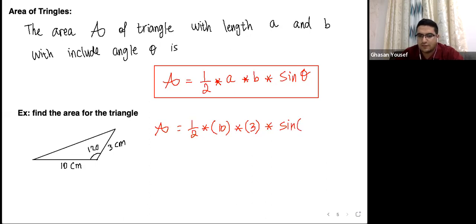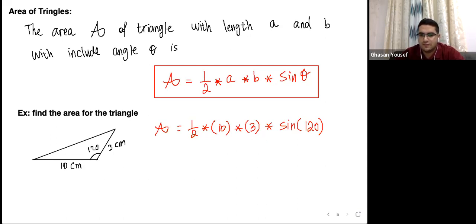The angle is 120. Before we solve this, we have to find the sine of 120. First of all, for the angle 120, we should know its location.